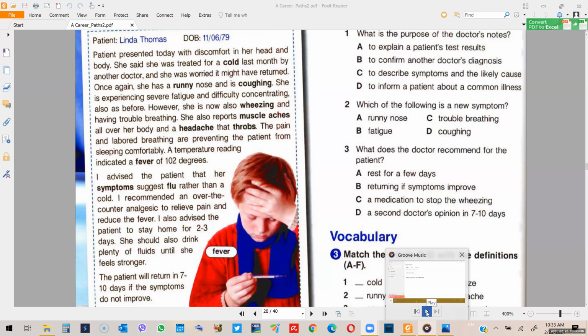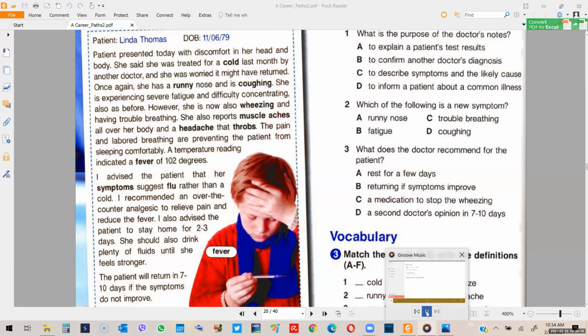Listen, please. Unit 9, Talking about Symptoms. Exercise 5, page 21. Patient, Linda Thomas. DOB 110679. Patient presented today with discomfort in her head and body. She said she was treated for a cold last month by another doctor, and she was worried it might have returned. Once again, she has a runny nose and is coughing. She is experiencing severe fatigue and difficulty concentrating, also as before. However, she is now also wheezing and having trouble breathing.